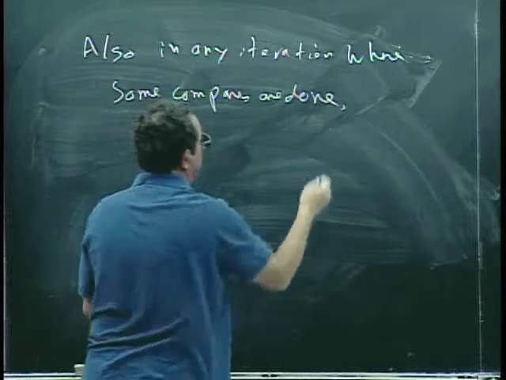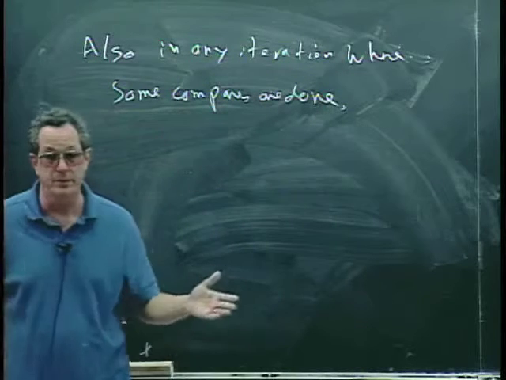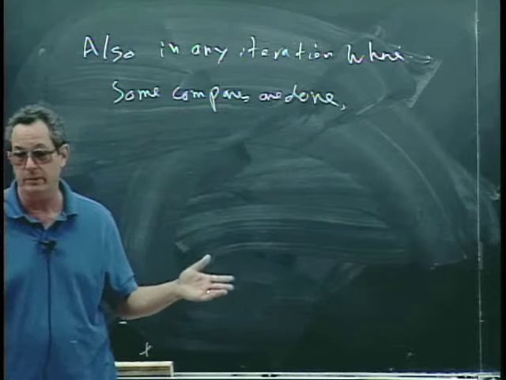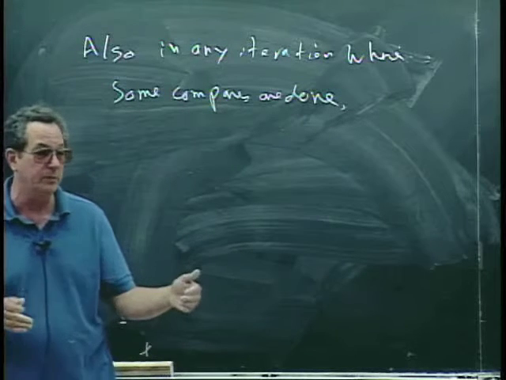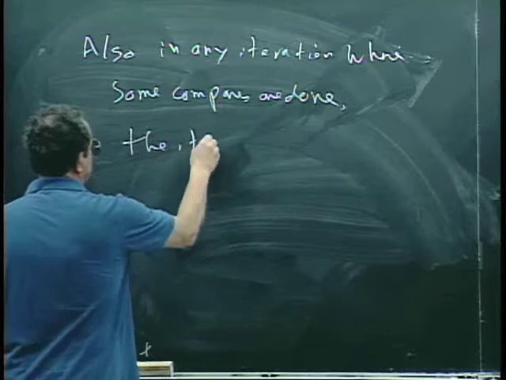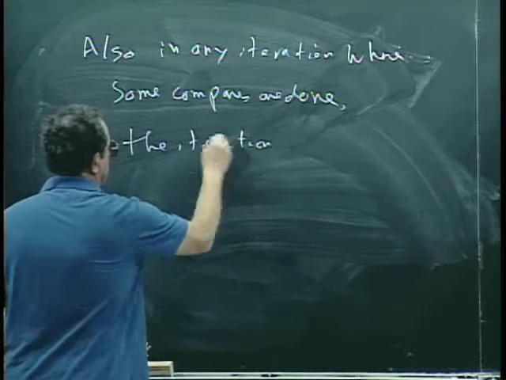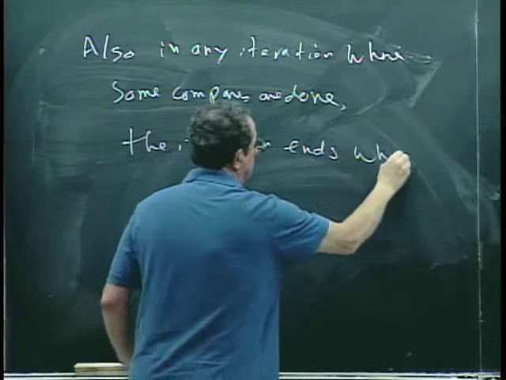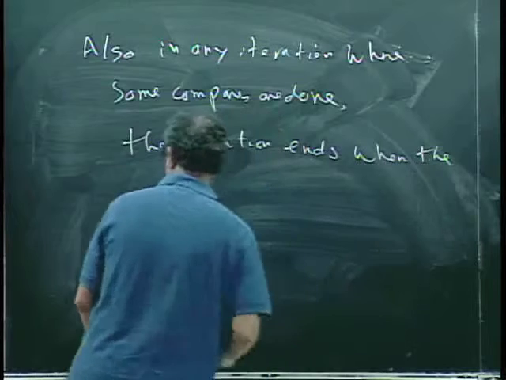And remember, in some iterations, there are no comparisons done at all. Those are the cases 2A and 2B. There are no character comparisons. But if there are character comparisons that are done, then the iteration ends when the first mismatch occurs.